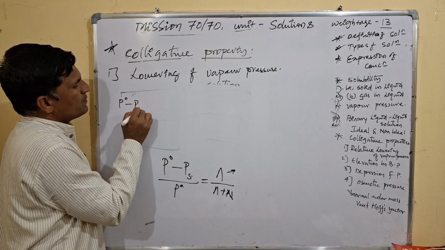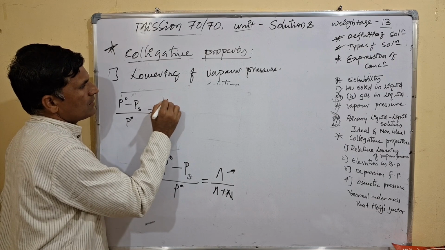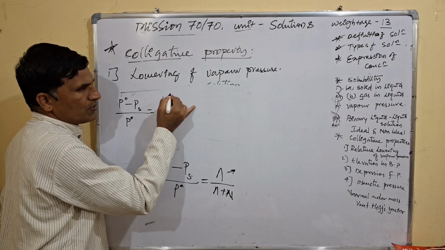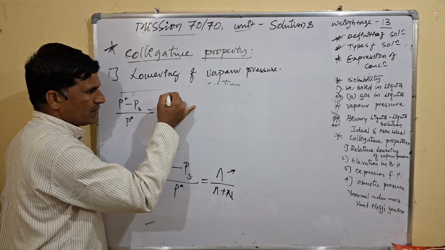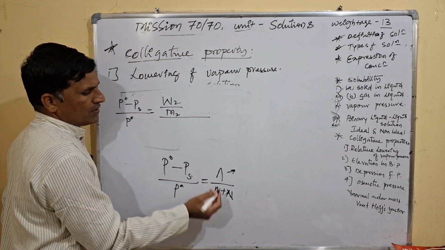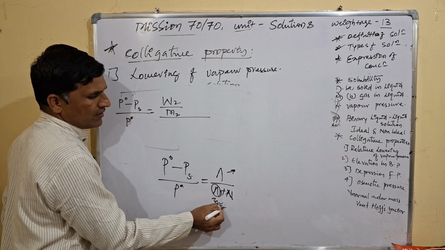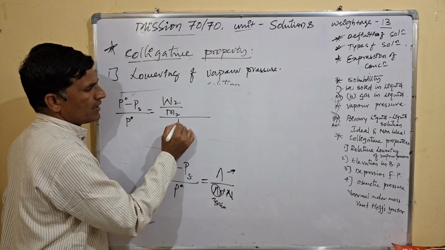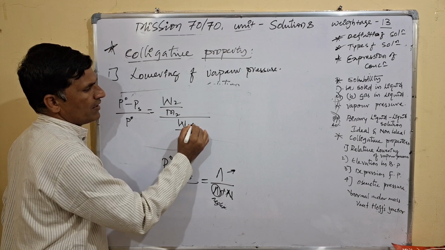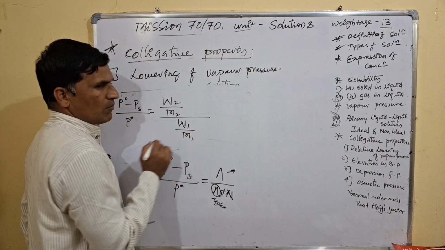So we'll write (P naught minus Ps) divided by P naught is equal to n2, which we take as W2 by M2, where W2 is the weight of the solute present in the solution and M2 is its molar mass, divided by, in the denominator, n2 again, which for a dilute solution we will neglect. We will not consider this one, and we will take W1 by M1, the weight of the pure solvent divided by its molar mass.